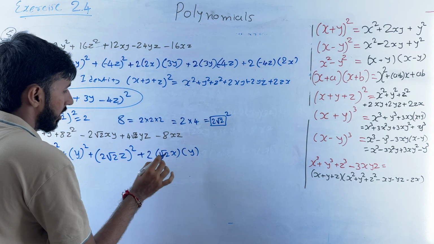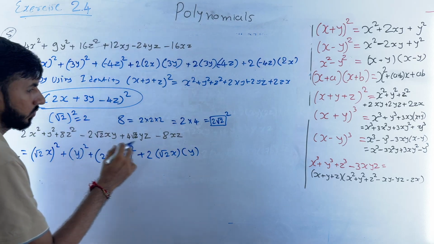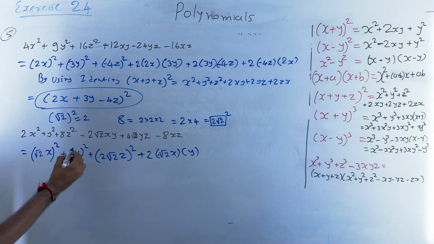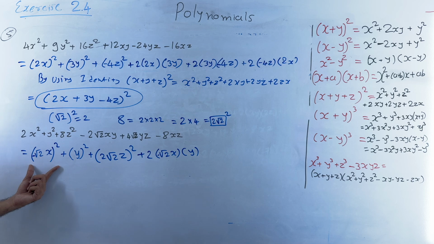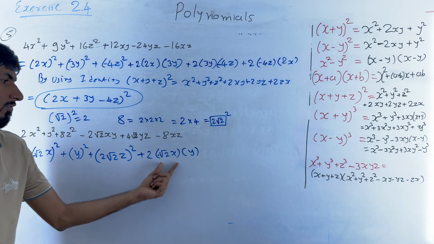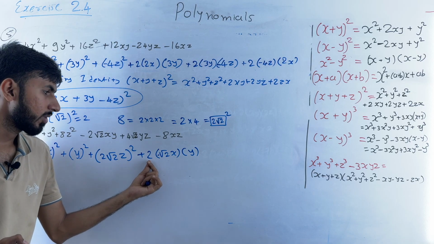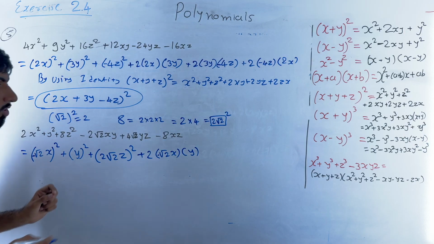Now let's say I have changed the sign as minus root 2x, right? So I have to change the sign of this also. Now minus root 2x square will be 2x square. There is no problem in this. After changing the sign, my this term will be minus 2 root 2 xy. So we will go ahead.